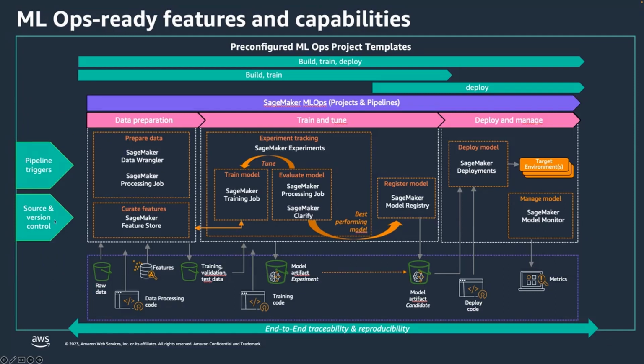And there's also the ability to monitor the code in CodeCommit, or also in GitHub, in Git repositories. You can have source and version controls so that when you, say, for example, update your data processing code, you can automatically retrigger a model build, train, and deploy. So let's take a look at these particular parts.